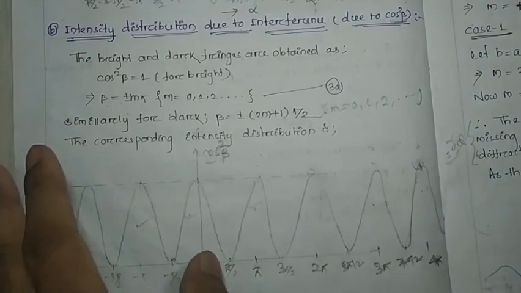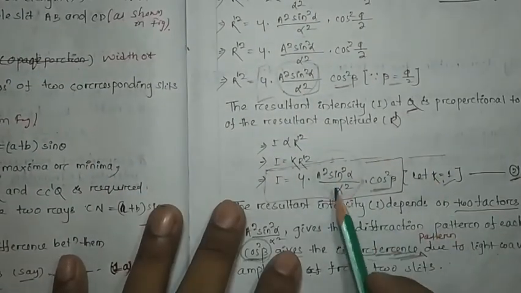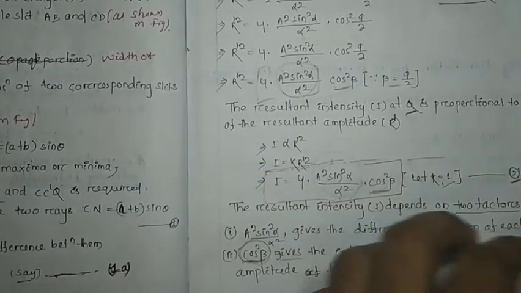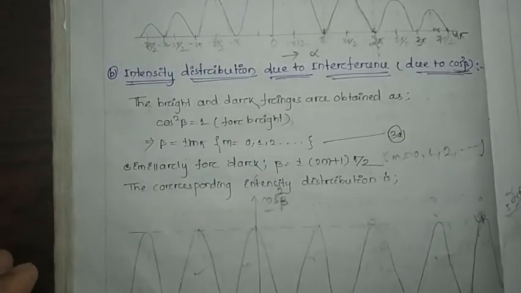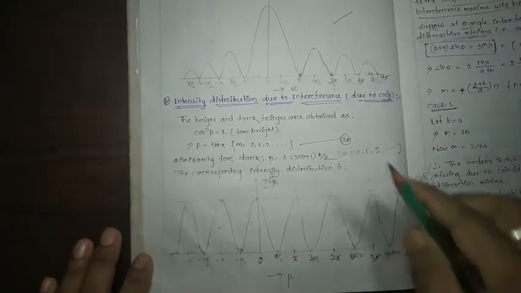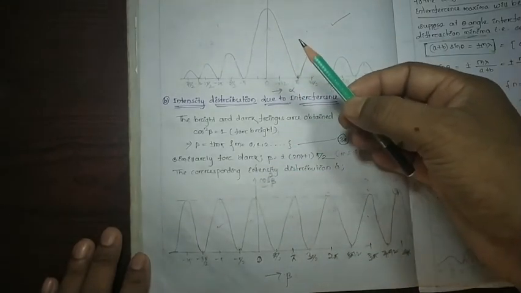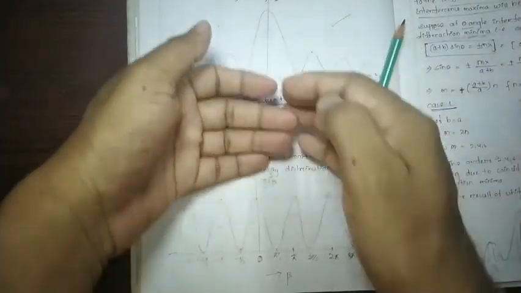But in the case of the double slit, in the intensity equation both the terms are multiplied with each other, so the resultant intensity distribution will be neither this one nor this one. Then the resultant distribution will be the combination of both.